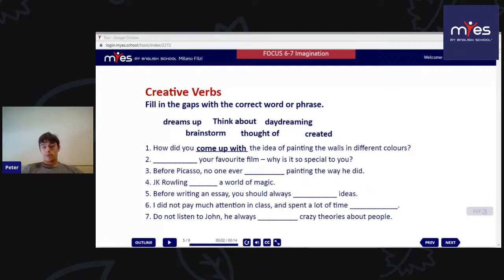Number 2. Yeah, well done, Maria. Well done, Angela. Number 2, think about your favorite film. All right, so to think about something is the process of thinking for something specific. Think about your favorite film, you need to think about all the films you have seen, and then you need to choose the specific one. So it's the process of choosing something specific.